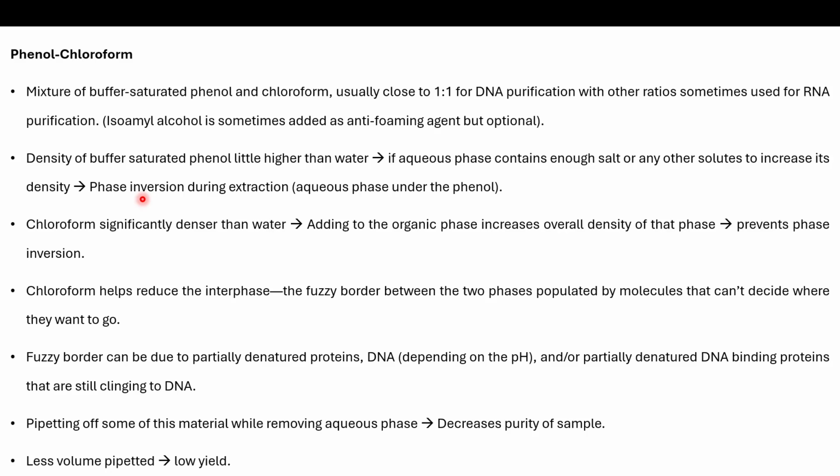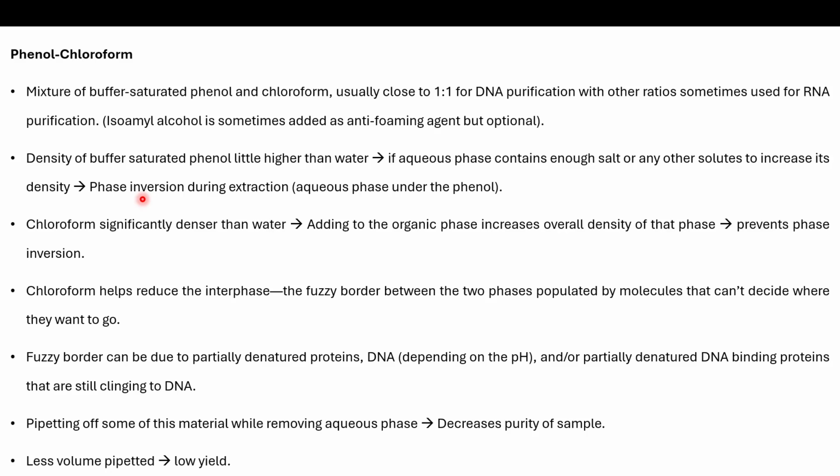But if somehow the aqueous phase's density increases, because the difference in density between phenol and water is not that much, if salts or other solutes are present, they can increase the density of the aqueous phase, thereby inverting the phase. Now your aqueous phase will go down, transparent at the bottom, and the pink phase will come out. But what are we interested in? We are interested in taking out the DNA. Now your DNA has gone inside, so it doesn't make sense.